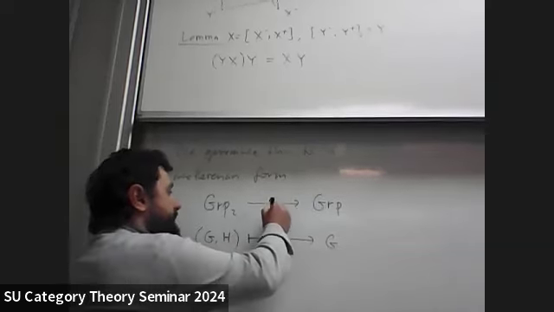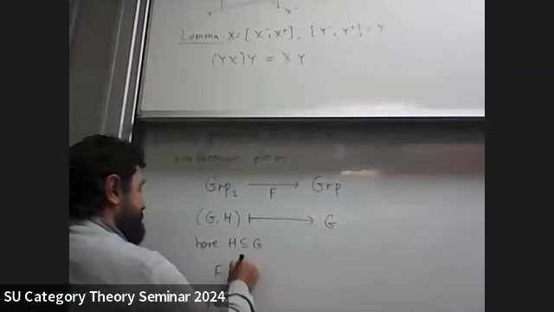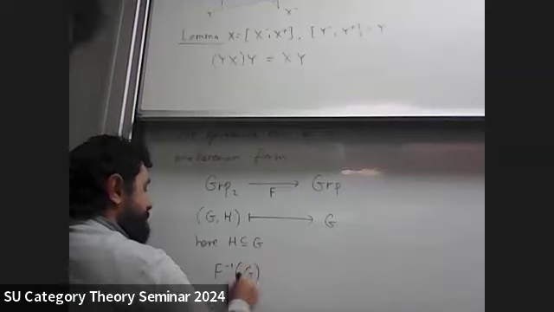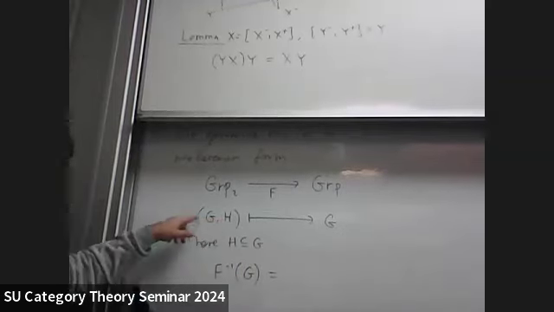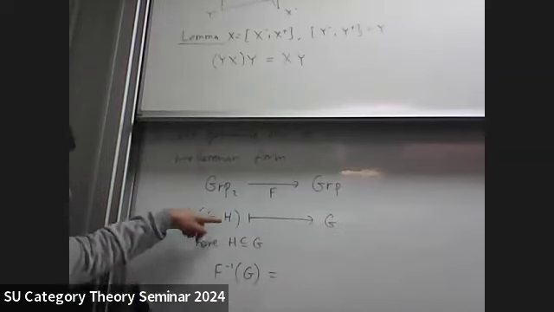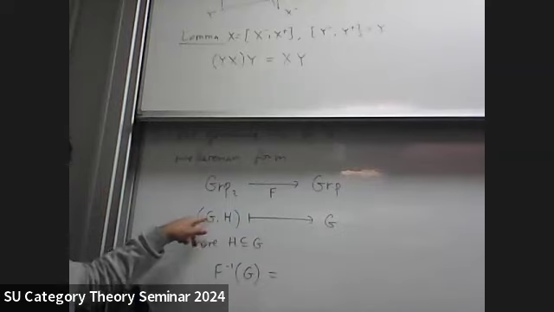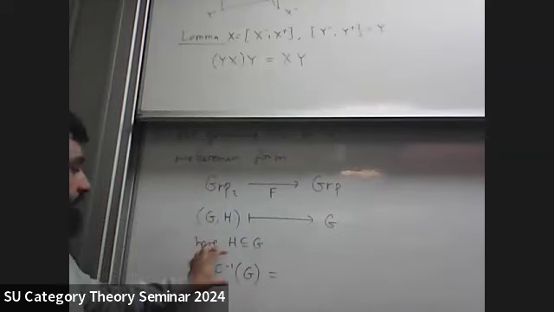If we call this functor F, then the fiber at each object G of the functor will be all the pairs GH that map to G. So in other words, there will be all the pairs GH with fixed G. So there will be exactly all the subgroups of G. And because Grp is a category, this will actually be not just a set, but a poset.